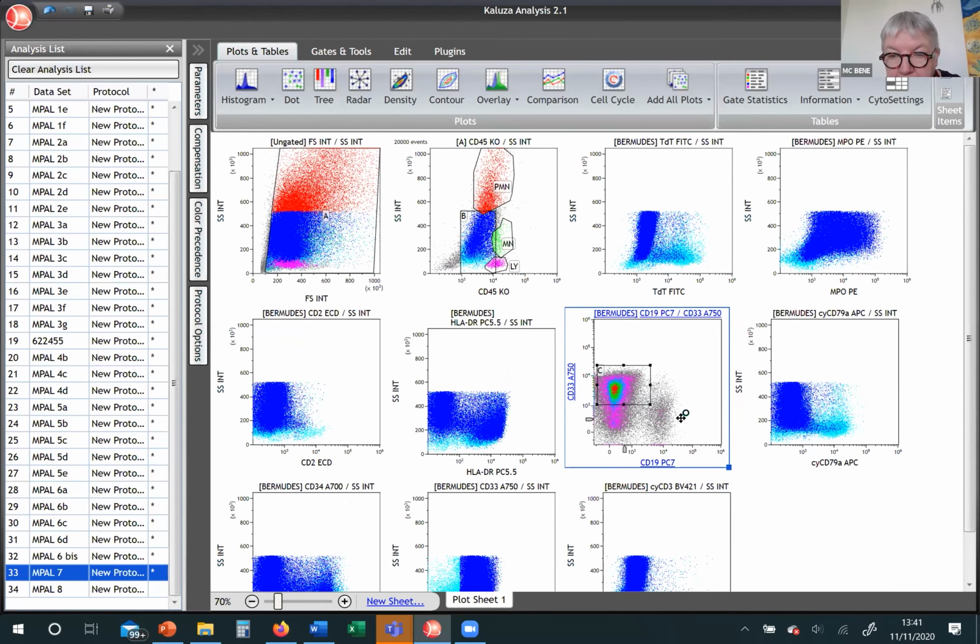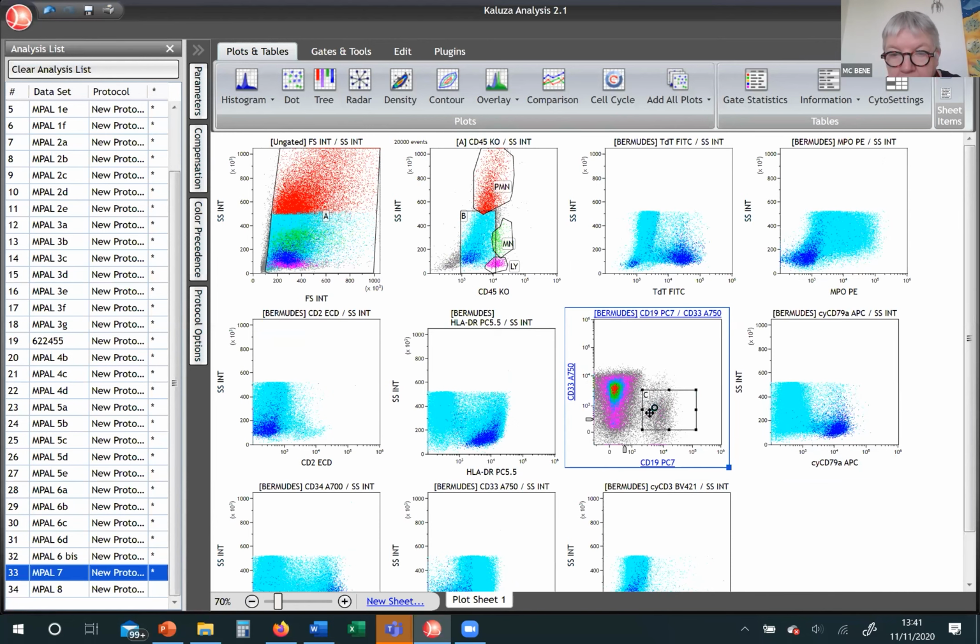And if I make my box here, I see that it's this tiny population at the bottom that seems really clearly separated from the other one. There might be a continuum, but really from this picture here with CD19 and CD33, it really clearly looks biclonal. I can also get that up a little bit to see my populations better. And again, as in the first case, there might be a small population of nothing at all in that, but it could be some erythroblasts that are around there.